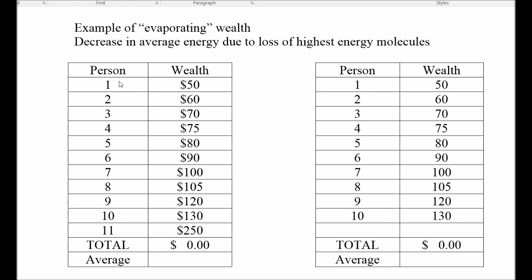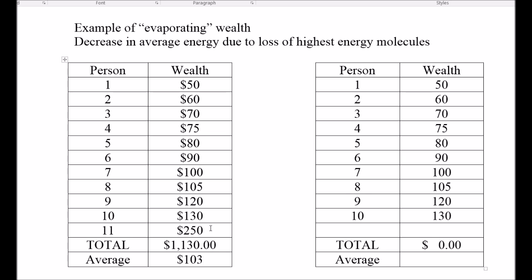So here I've got a population of humans with some money, and I can total their money. And see, I have $1,130 total wealth divided by 11 people. So the average will just be $1,130 divided by 11, which gives me an average of $103 per person.